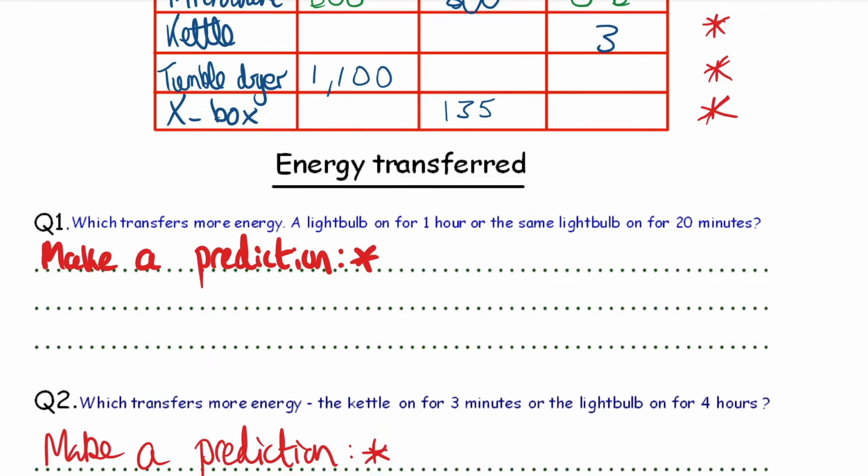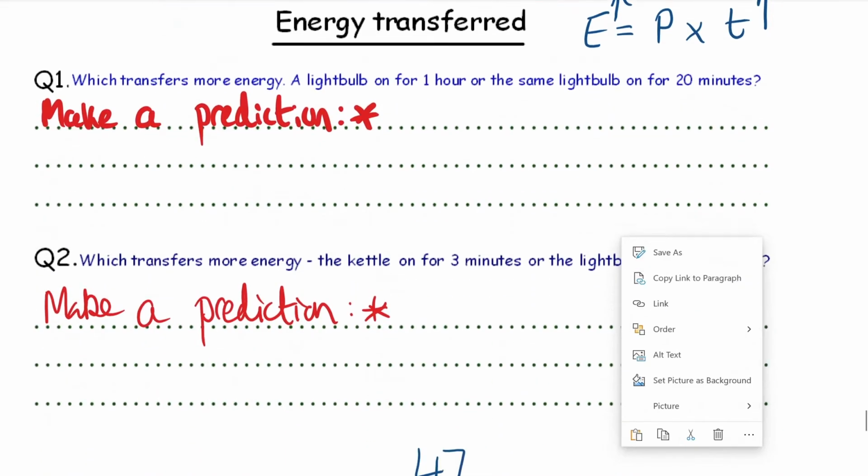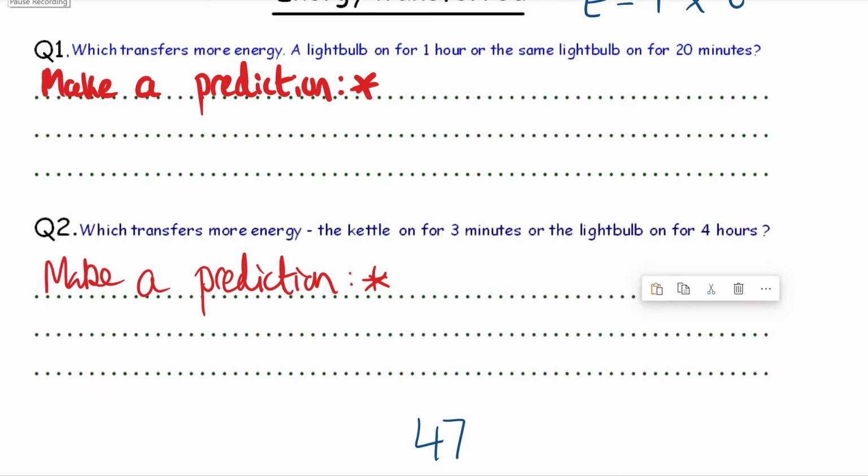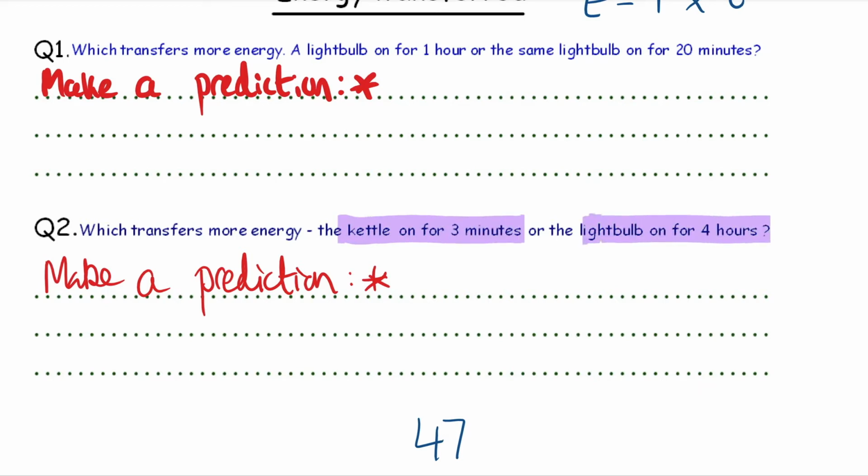You can say common sense, or you can just think of a formula we're going to be using. Energy is power times time. So the longer something's on for, the more time you have, the more energy is being used. Which transfers more energy? A kettle on for 3 minutes or a light bulb on for 4 hours?